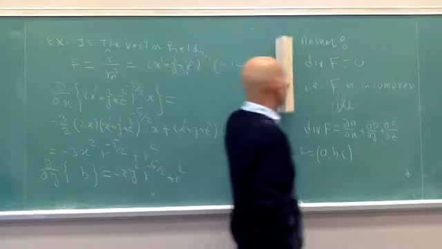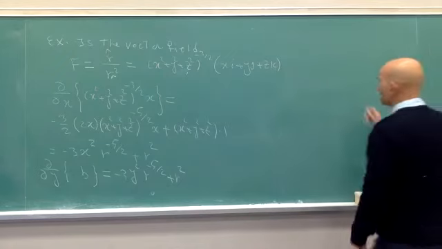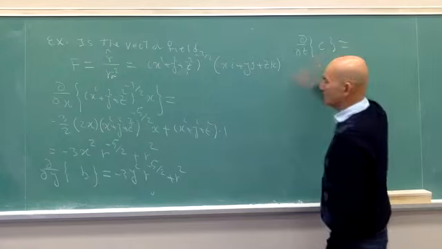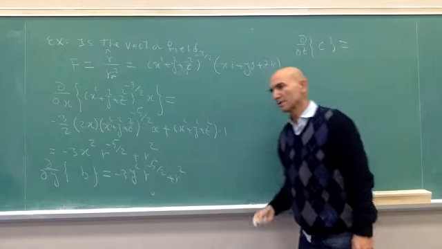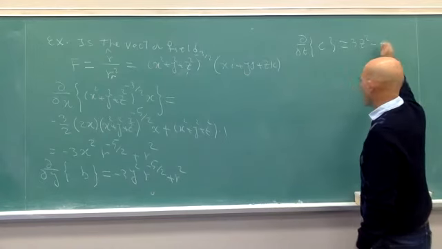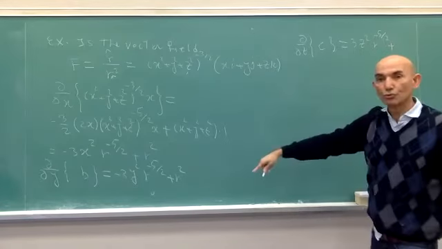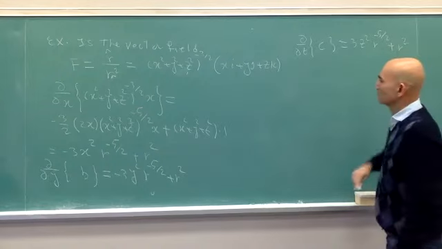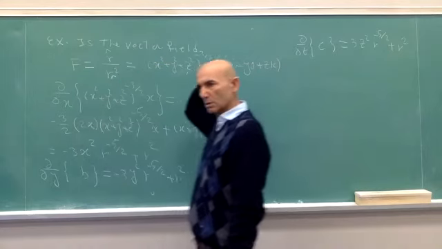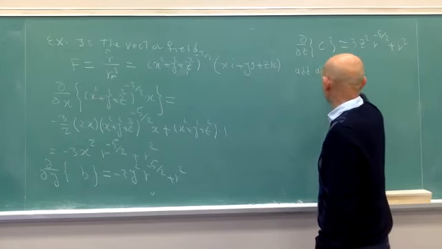Then d/dz of the third component, replacing y by z: -3z² r^(-5/2) plus r^(-3/2). Then we add the above three terms.